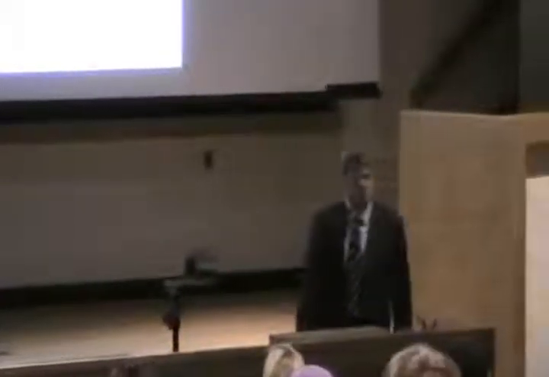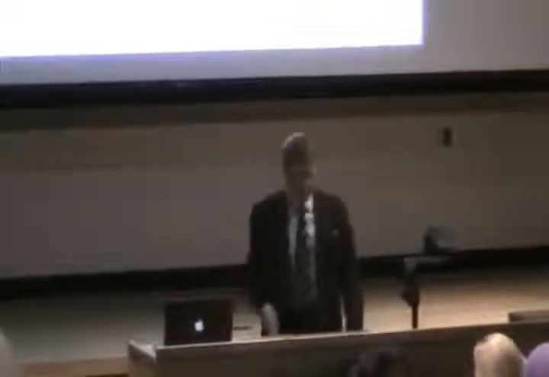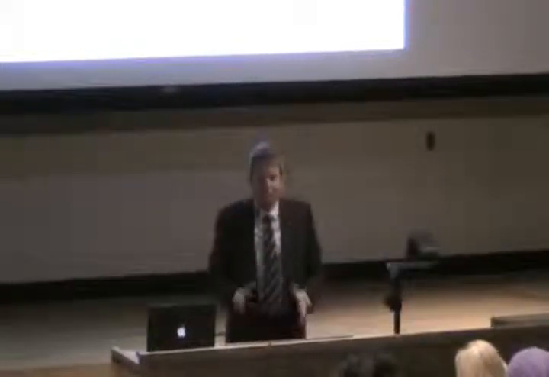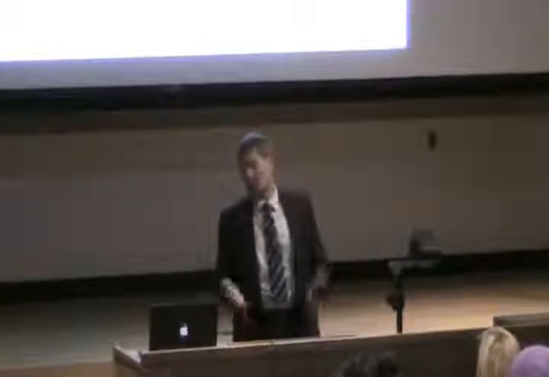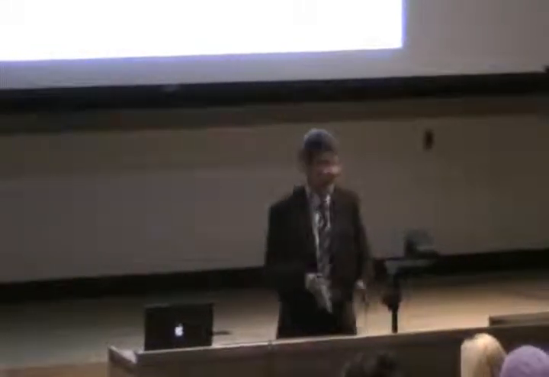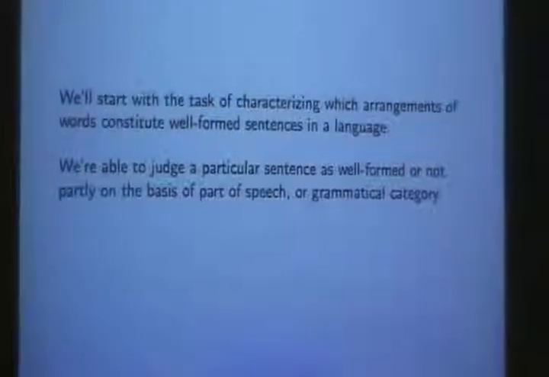So it isn't, for instance, that somehow in our heads we know, oh, the word the can come before the word dog, can come before chased, and so on. But instead what we have in our heads really is something like, oh, any word that's a determiner, or an article, that's what the is, can come before any word that is a noun, that's what dog is, can come before any word that is a verb, that's what chased is, and so on. Okay?